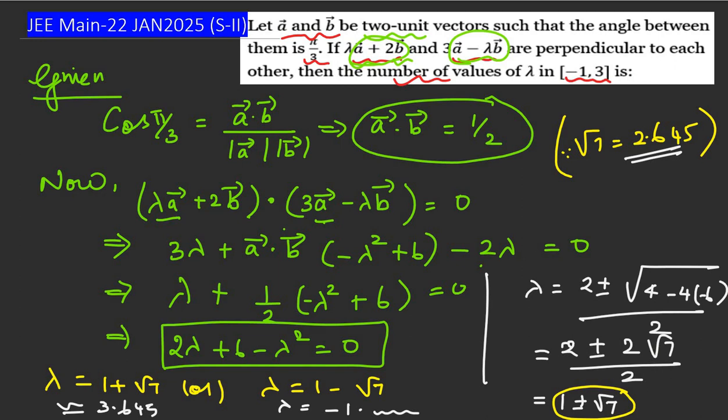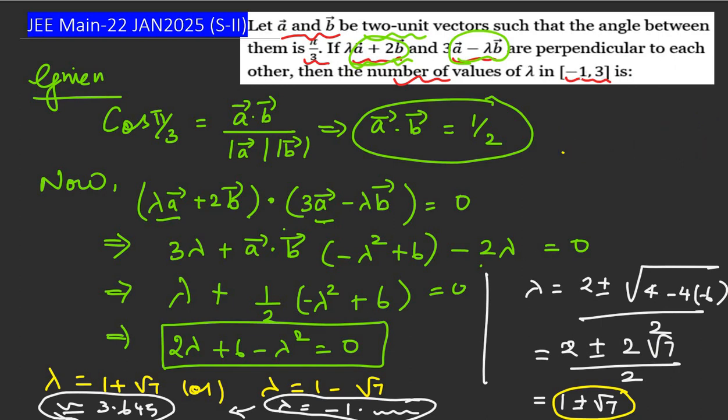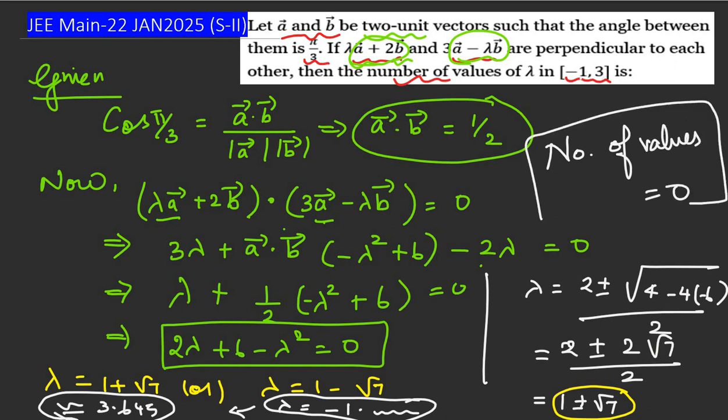Here the interval is from minus 1 to 3, but both values do not belong to the interval. One exceeds 3 and the other is less than minus 1. So there are no values between minus 1 and 3. Therefore the number of values is equal to 0, which is the answer for this problem.